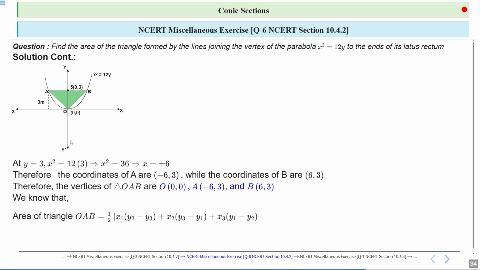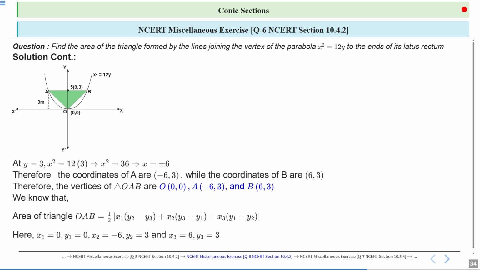And we know that the area of triangle OAB is equal to 1 by 2 modulus of x1 times (y2 minus y3) plus x2 times (y3 minus y1) plus x3 times (y1 minus y2). Here x1 is 0, y1 is 0, x2 is minus 6, y2 is 3, and x3 is 6 and y3 is 3.